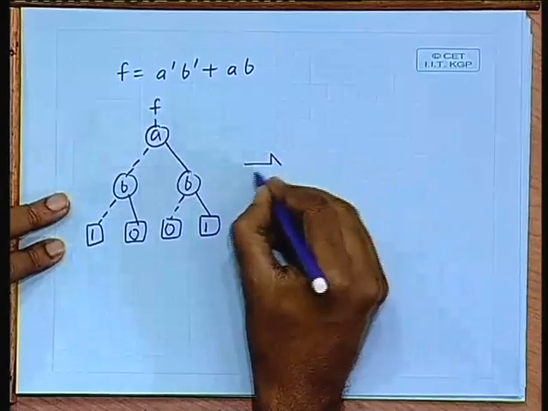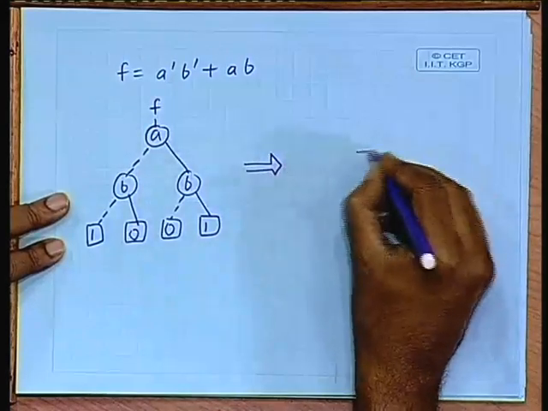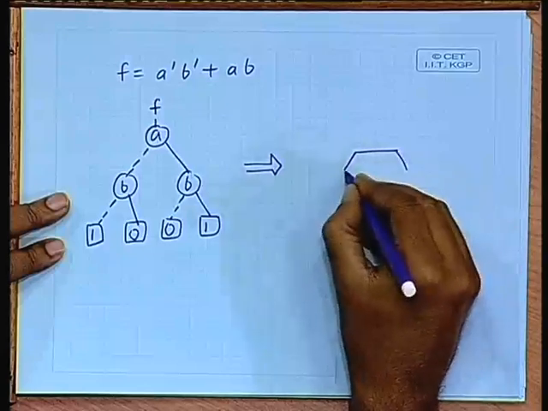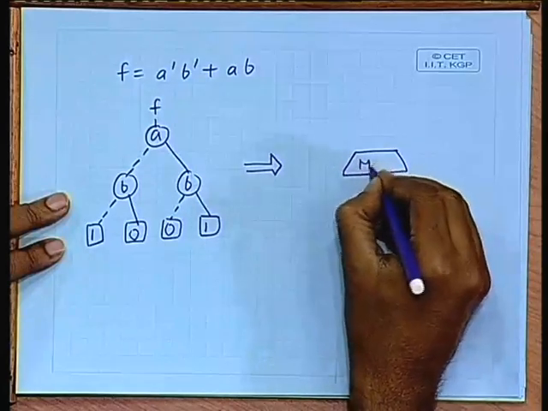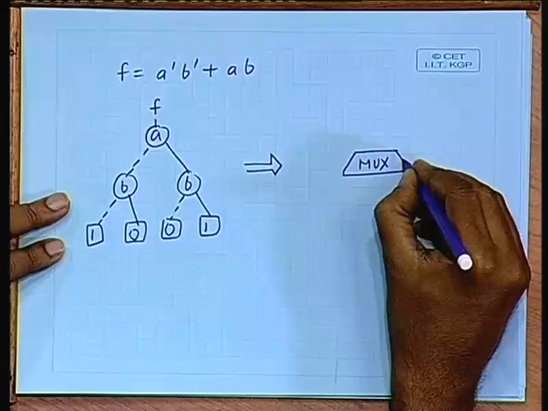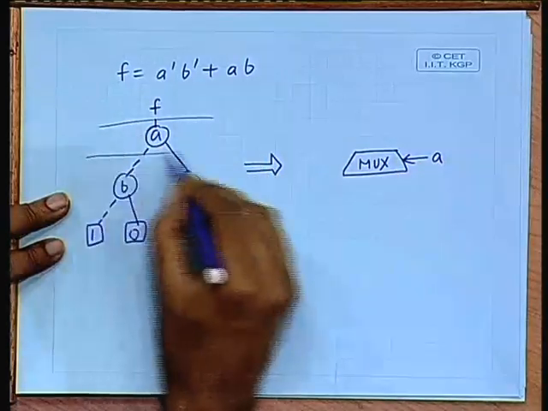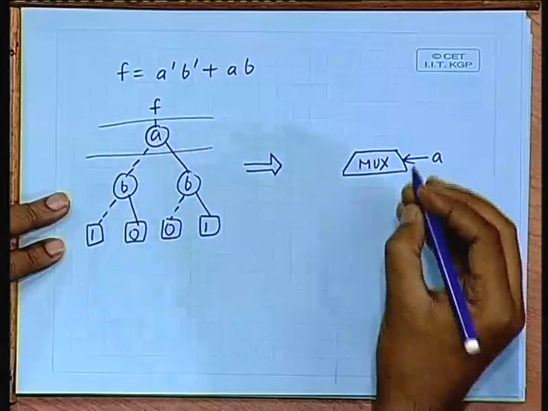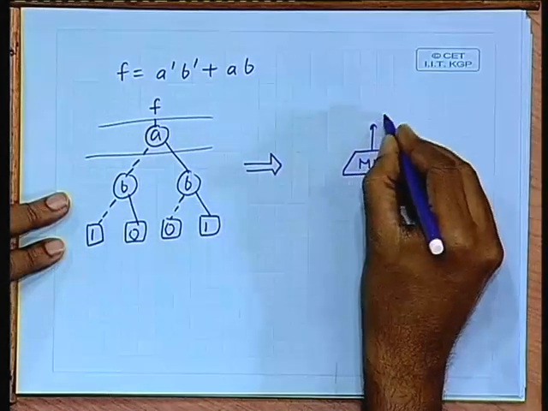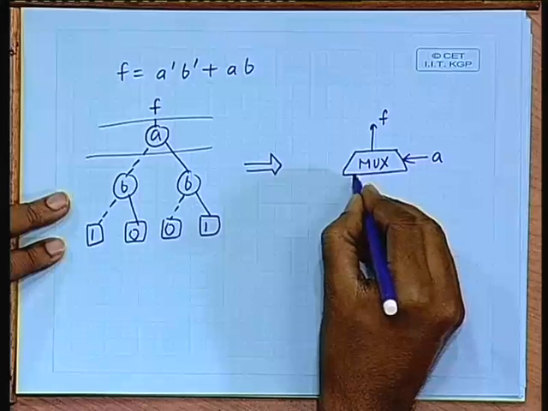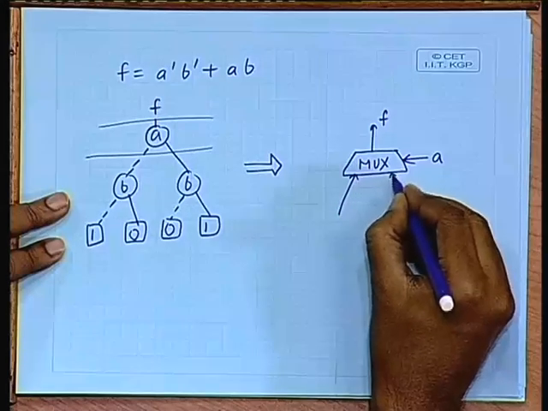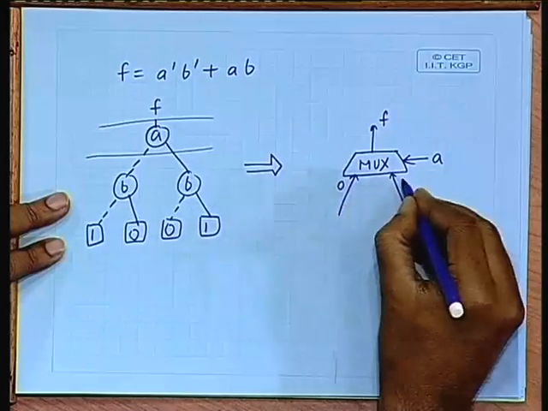Now, if you want to map this into hardware, you will have a multiplexer whose control input is a. I am talking about this level, breaking up with respect to a. The output is f, and there are two inputs to the multiplexer, the left input and the right input.